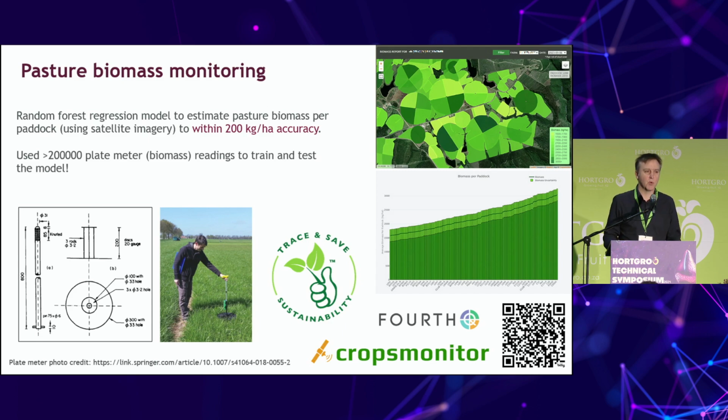And for this, we used more than 200,000 plate meter biomass readings to train a machine learning model. And now this machine learning model is providing accuracies better than the plate meter can provide. So within 200 kilograms per hectare accuracy.